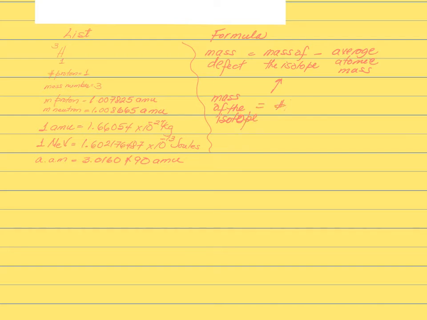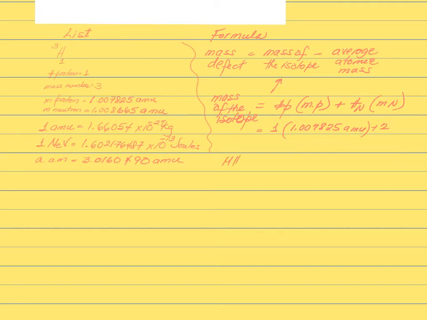is the number of protons multiplied by the mass of the proton plus the number of neutrons multiplied by the mass of the neutron. That's my first step. I have only one proton, and the mass of the proton is 1.007825. And I have 2 neutrons. Why 2 neutrons, Ms. Ramos?